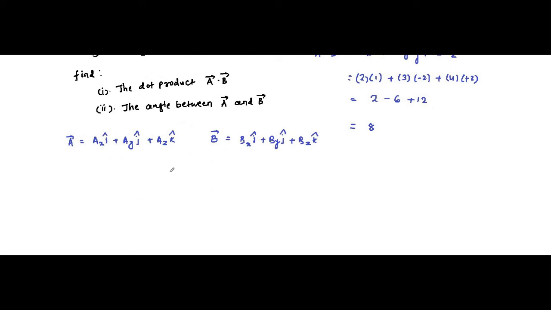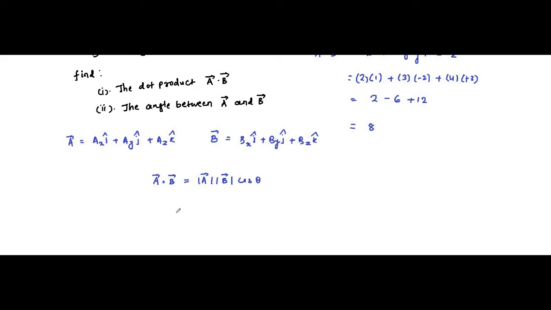Next we have to calculate the angle between a vector and b vector. So here we have to use the basic definition of dot product. What the basic definition of dot product says is a vector dot b vector is a vector modulus, b vector modulus, cos theta.